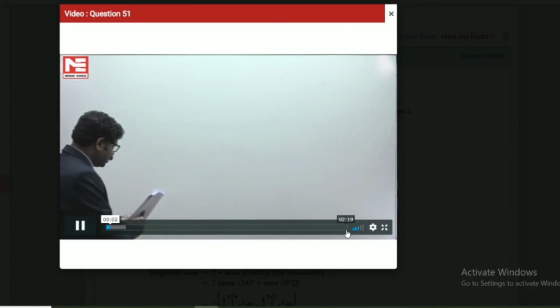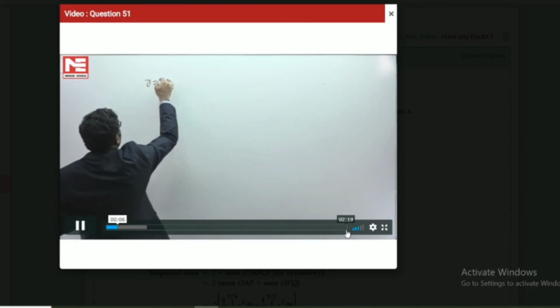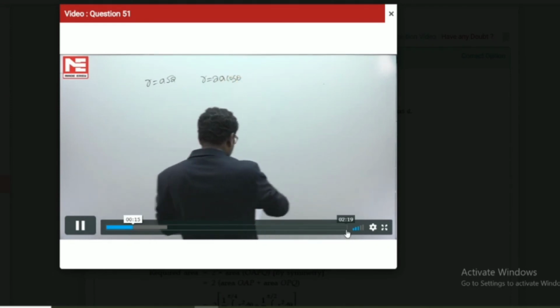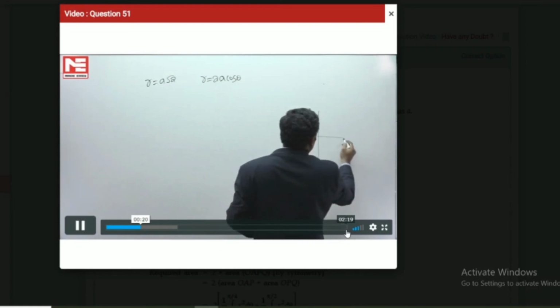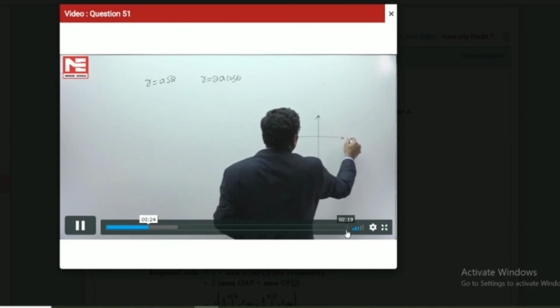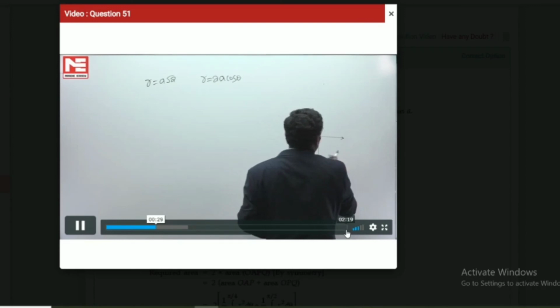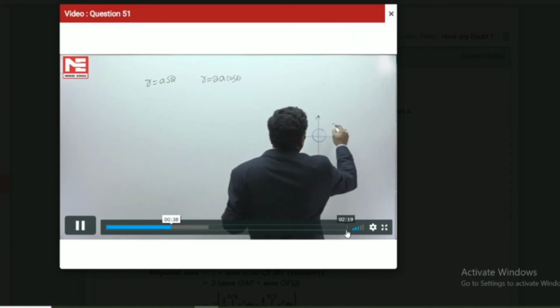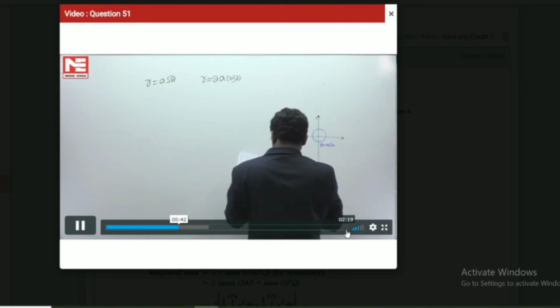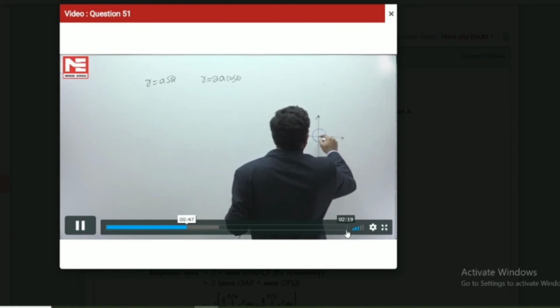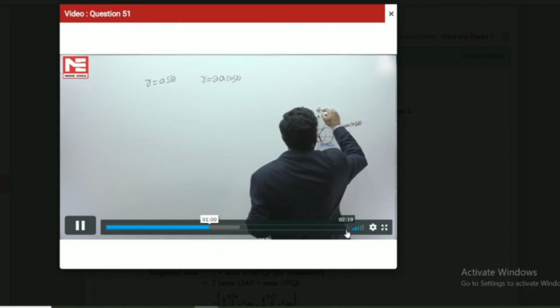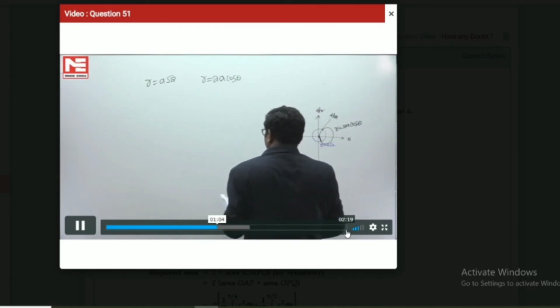In this problem, we have to find out the area bounded by r equal to a root 2 and r equal to 2a cos theta.